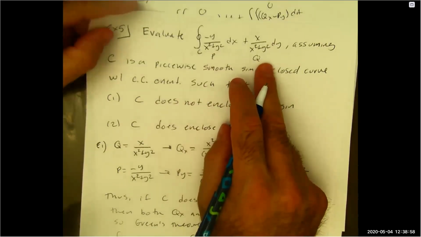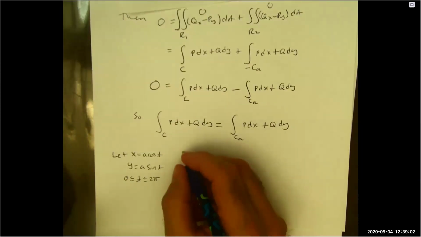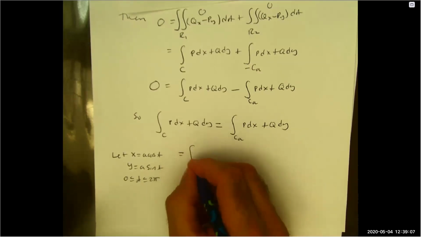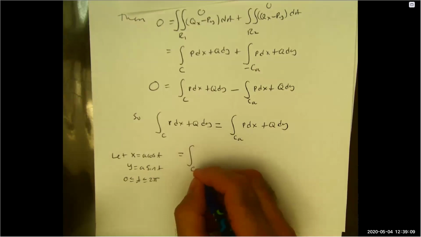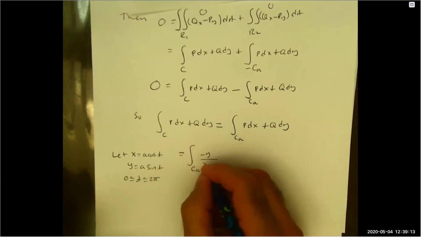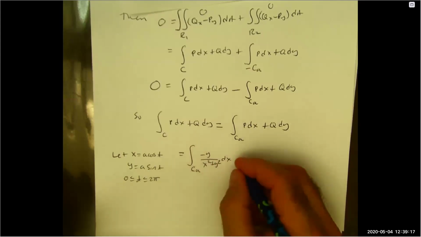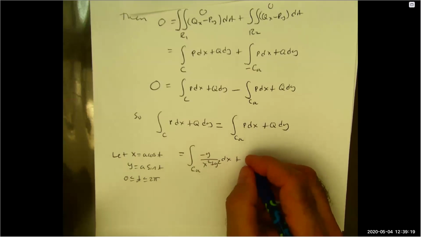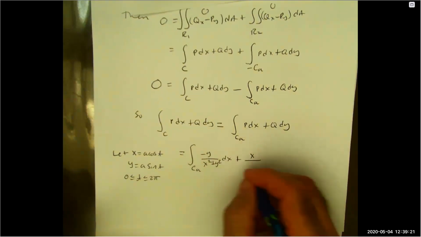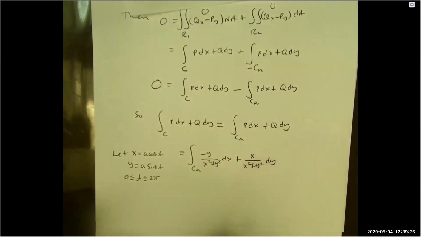So we're going to substitute in for that. Let me go ahead and write those in. So we're going to have the integral over CA of minus y over x squared plus y squared dx, and then plus x over x squared plus y squared dy. So we have those guys.